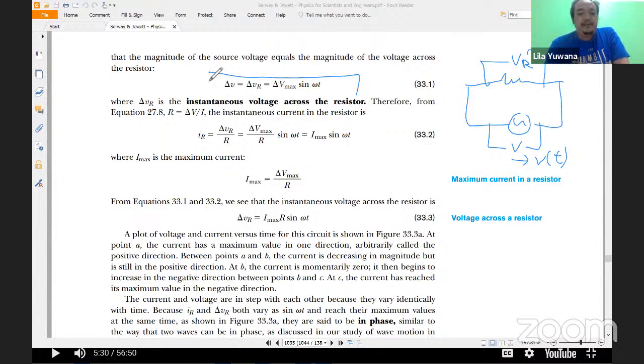So we get here delta V equals delta VR equals V maximum sin omega t. Of course, this amplitude is the maximum voltage.